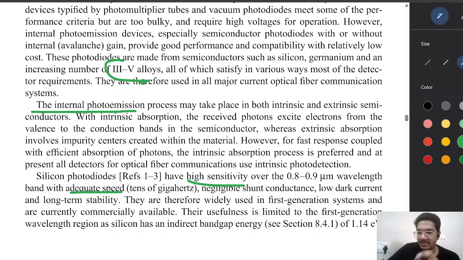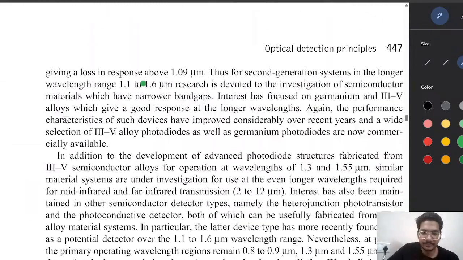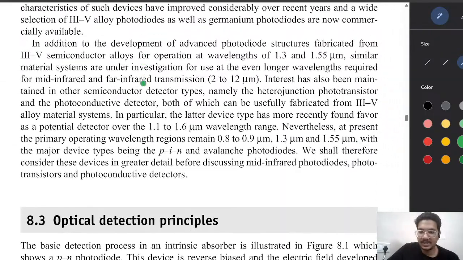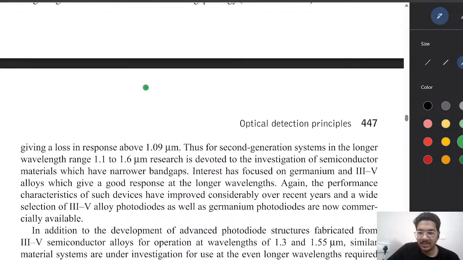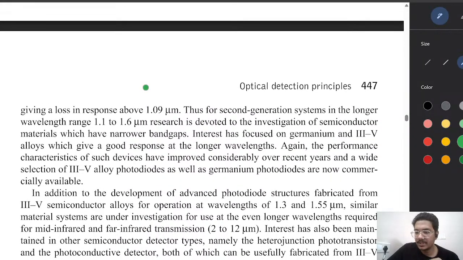These materials satisfy the detector requirements for sensitivity, speed, noise, and cost. Now the difference between intrinsic and extrinsic photodetection. In the intrinsic semiconductor, photon energy excites an electron from the valence band to the conduction band. This is direct band-to-band absorption, fast and efficient.